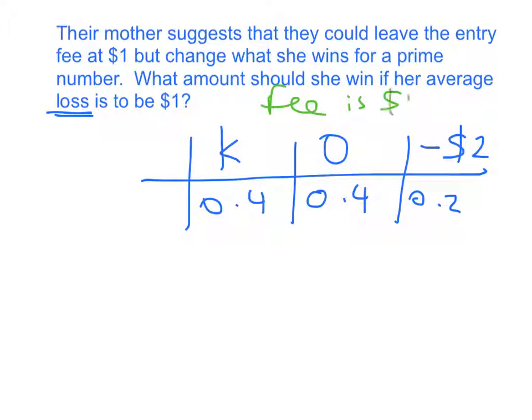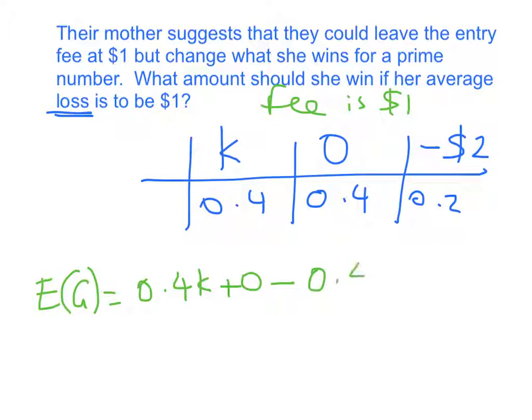is $1. So her expected gain is going to be 0.4k plus 0 minus 0.4 minus $1, right? And we want that average loss to equal -1, okay?